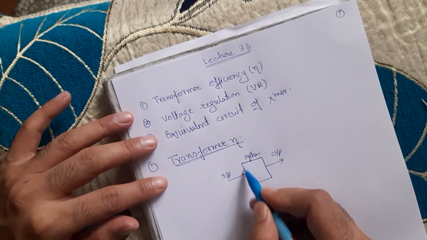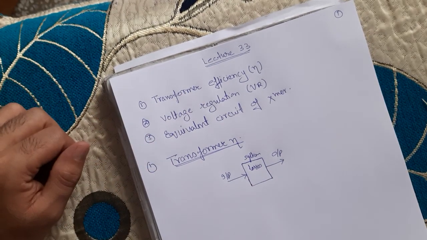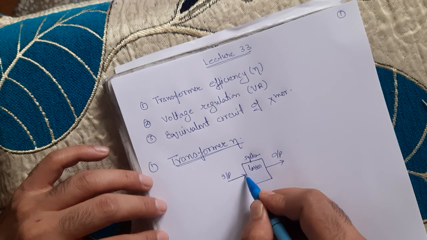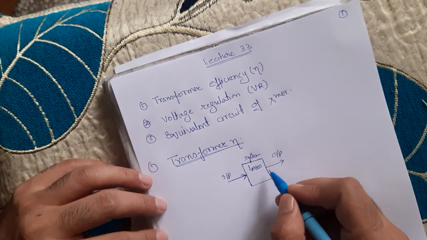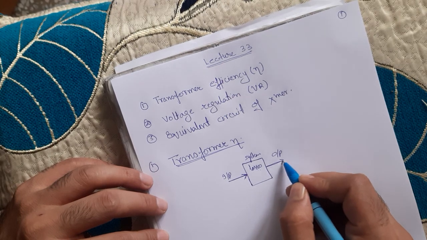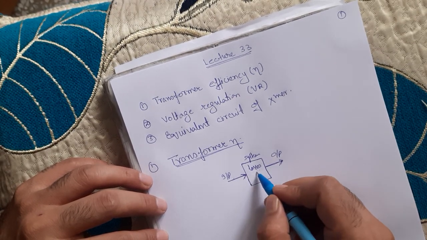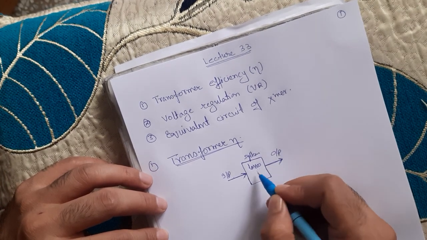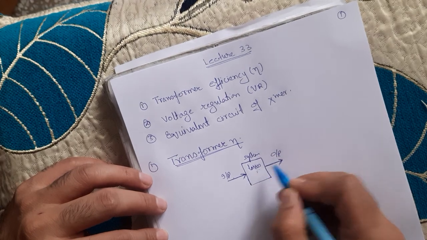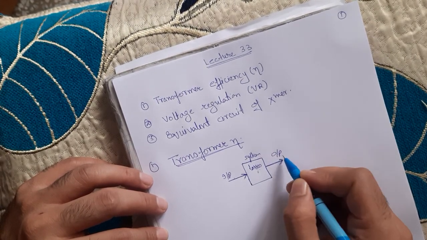In this system we will have some losses. The output depends upon losses. So if losses are more, output is less. If losses are less, output is more.